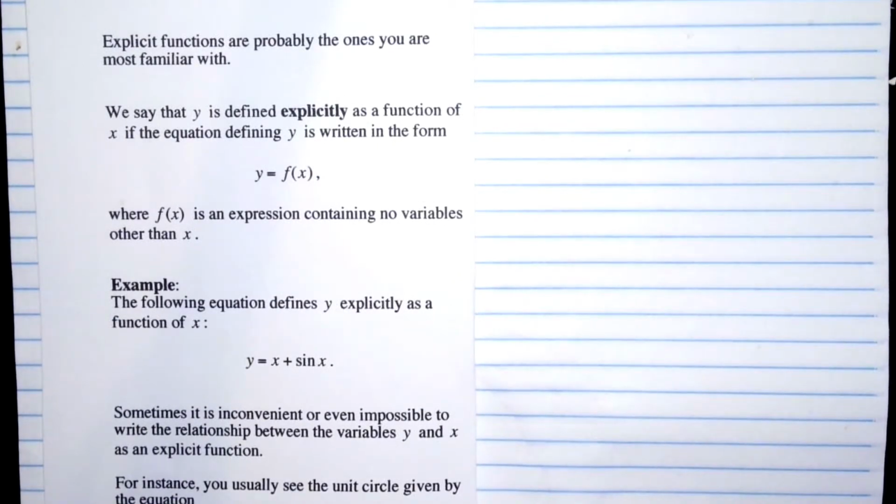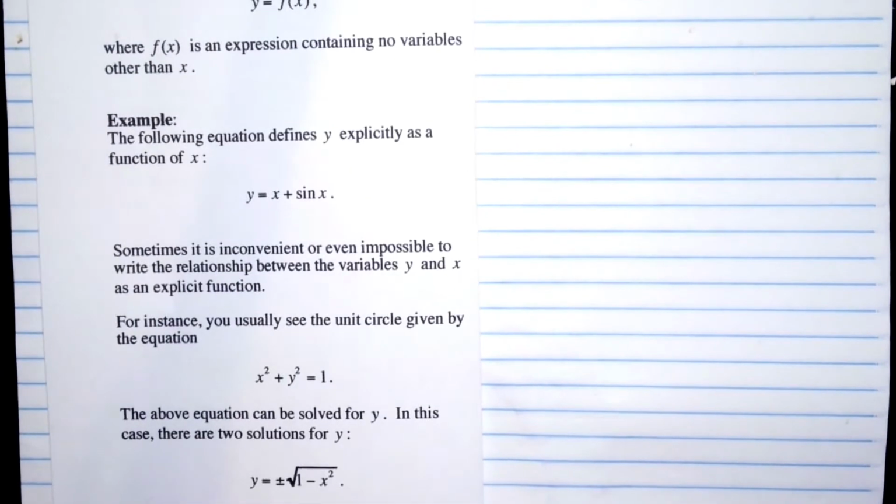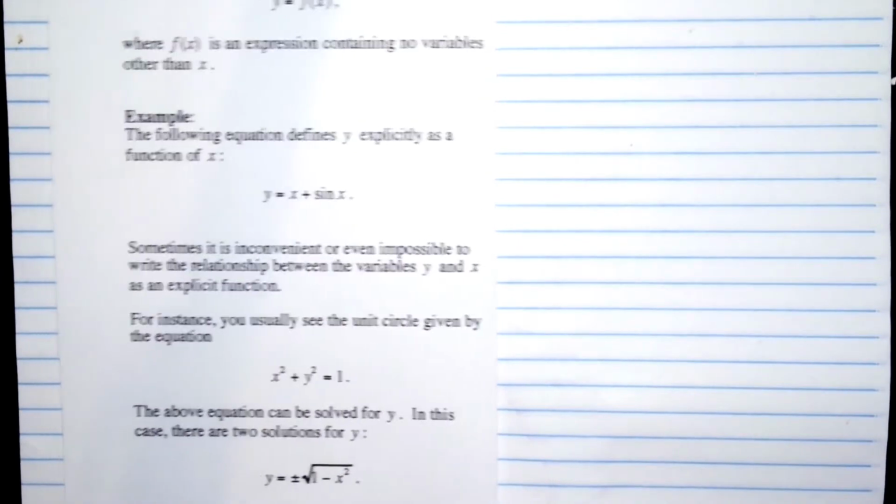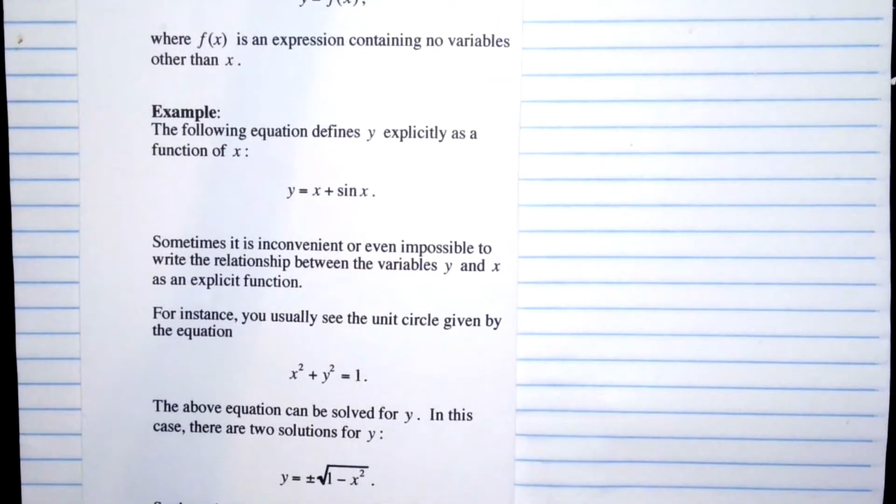But you can also express the dependency of y on x implicitly. That's where you've got an equation that is not solved for y. Something like x squared plus y squared equals 1. You recognize that probably as an equation for the unit circle.